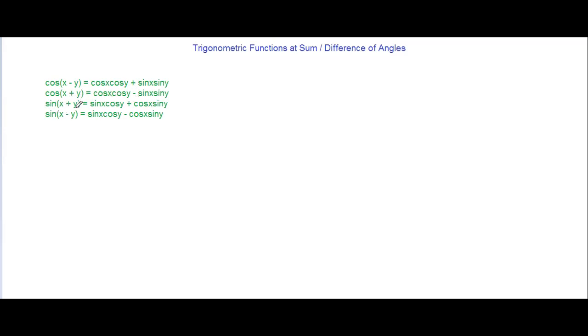Now we prove sine of x plus y equal to sine x cos y plus cos x sine y. And similarly, we will prove sine of x minus y is equal to sine x cos y minus cos x sine y. So first of all, I take up sine of x plus y.